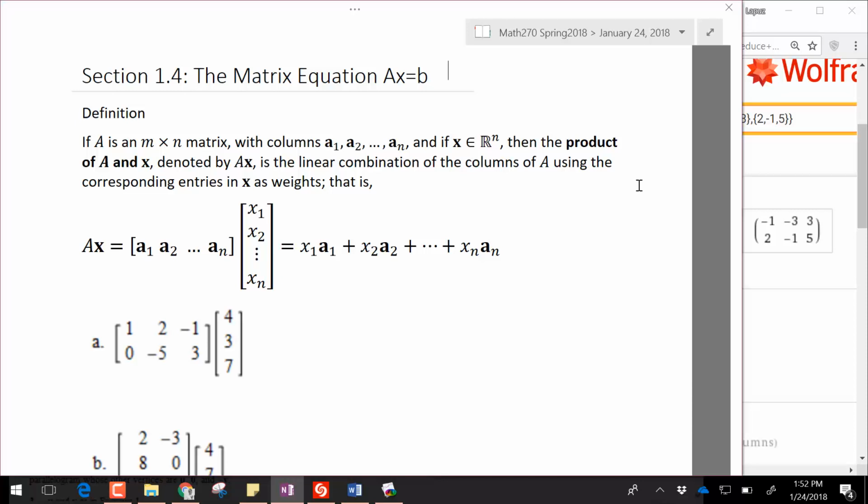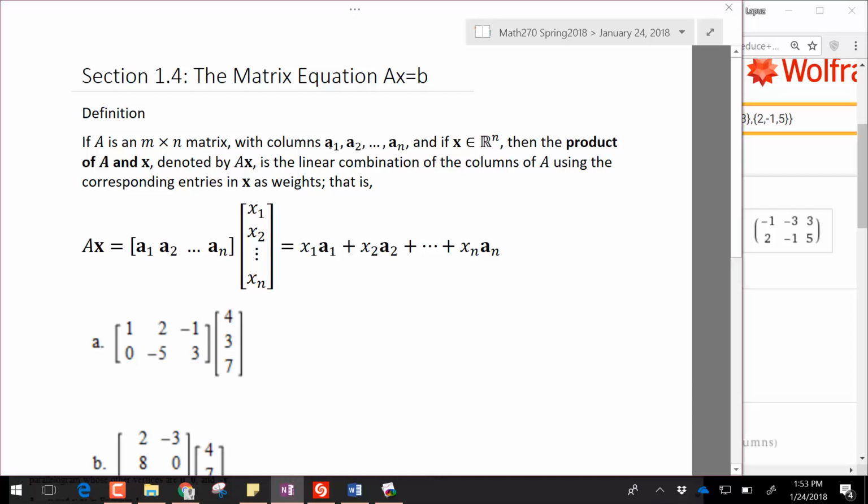That's one thing I realized when I was teaching this last semester: I keep wanting to define it using a big matrix, with certain ways to define that with the subscripts and stuff. But here they want to define it using column vectors. So I'm going to see if I can present it that way.